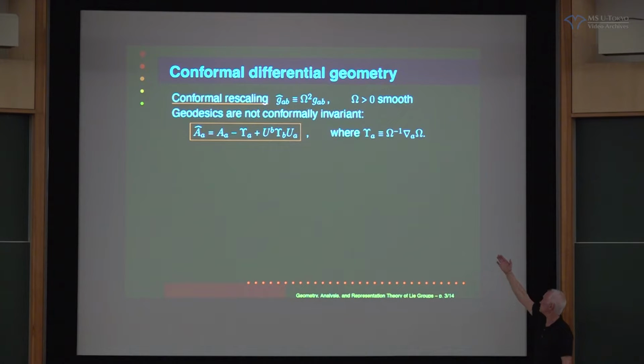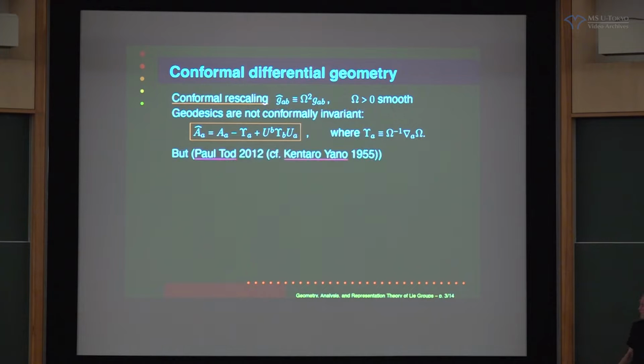Otherwise, there's this gadget here, this one form, upsilon sub a, which controls how everything changes. And in particular, the acceleration changes by a formula which you can easily derive.